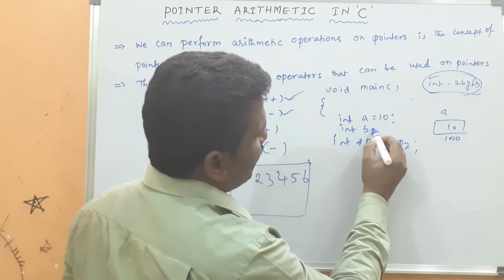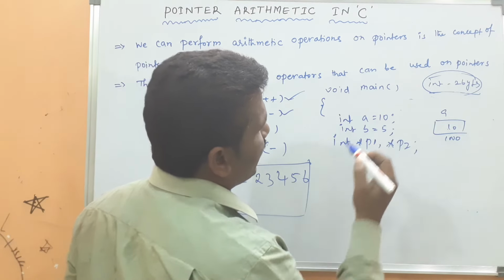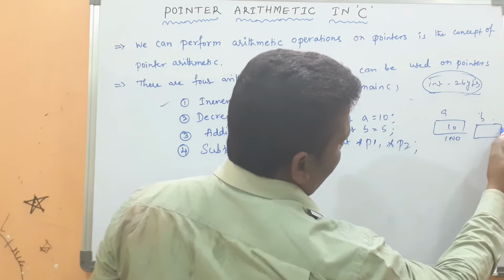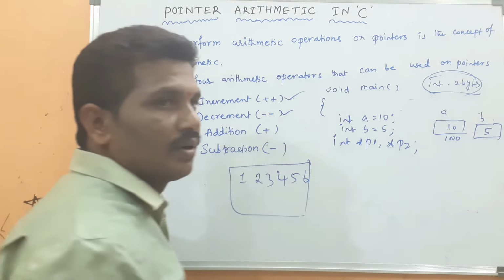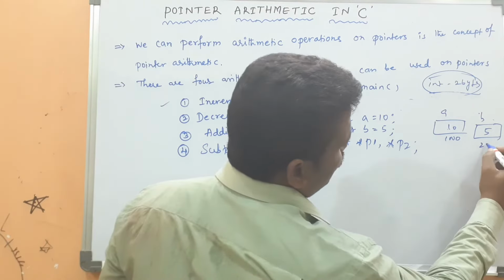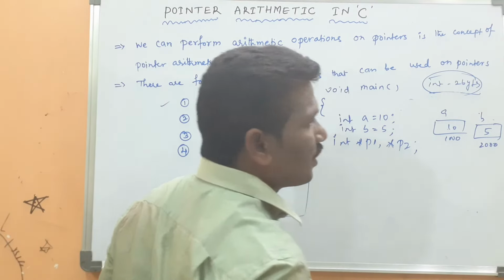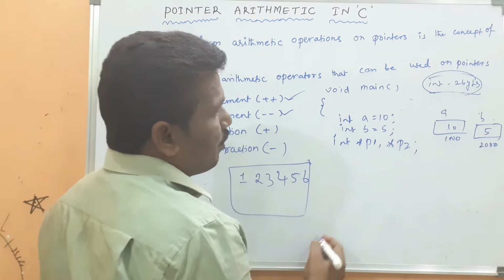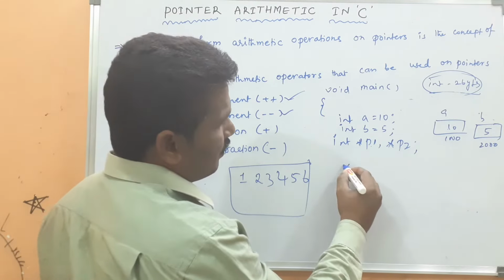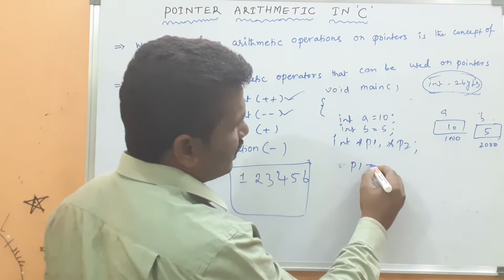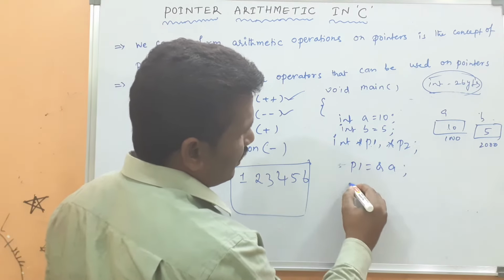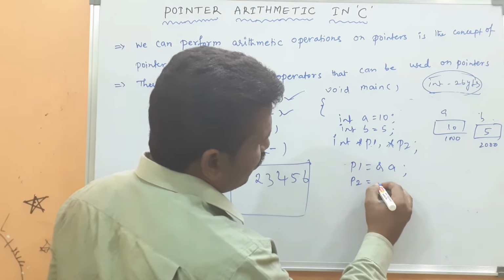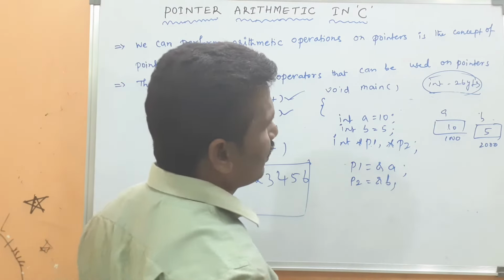Suppose int b equal to 5, with address 2000. Then p1 equal to address of a, and p2 equal to address of b.